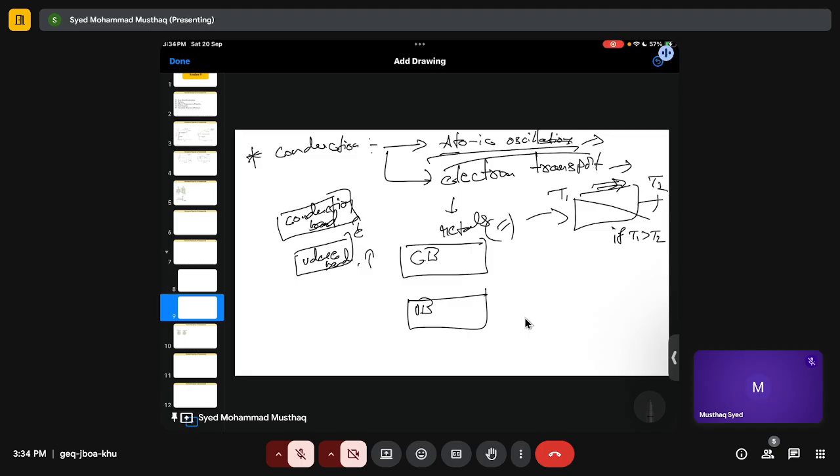Band is nothing but the superposition of orbitals. Each atom has its own set of orbitals. For example, if I have an atom, it has p orbitals: px, py, pz. So this is what you see in p orbitals, three p orbitals.